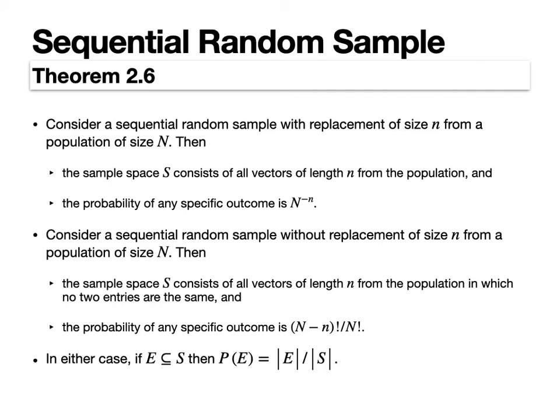And when sampling without replacement, the probability would be 1 over capital N P little n. And so in either of those cases, the sample spaces are equally likely, and so the probability of any event would just be, again, the cardinality of the event divided by the cardinality of the sample space. So a couple of different ways to think about those in either case.